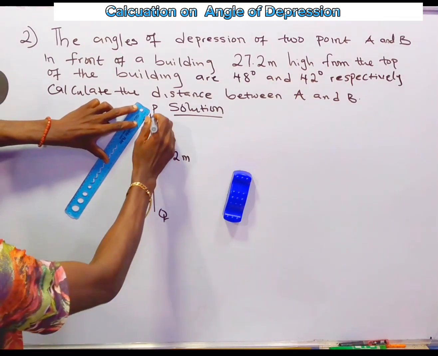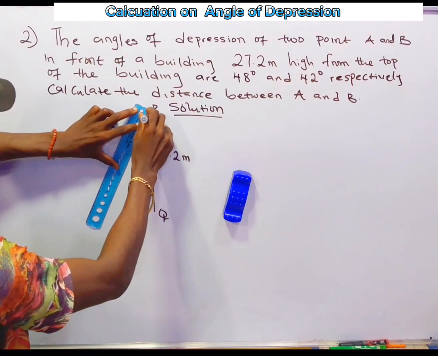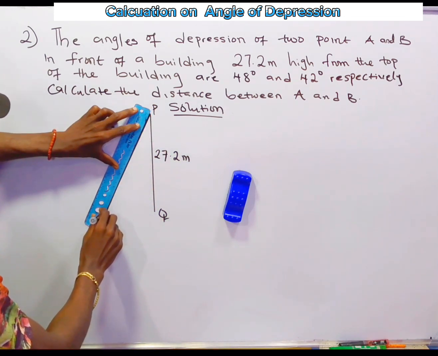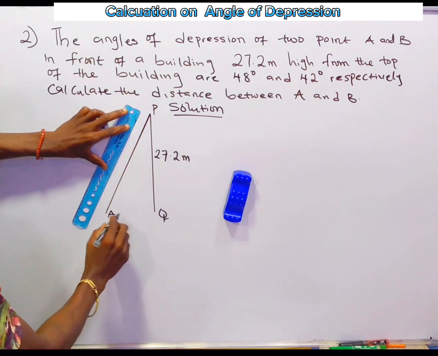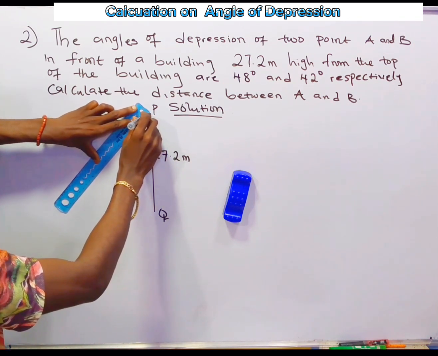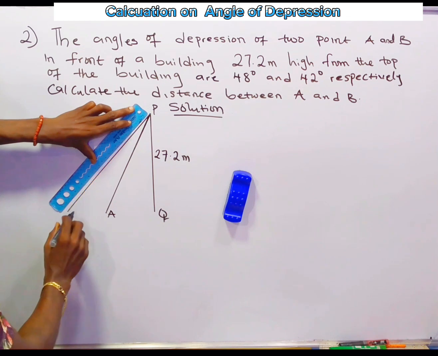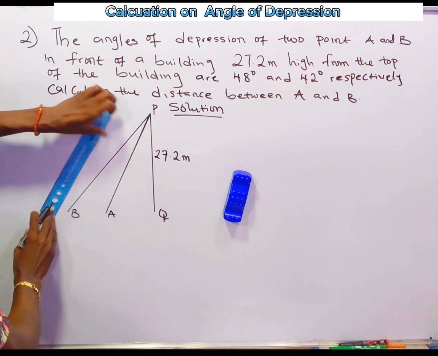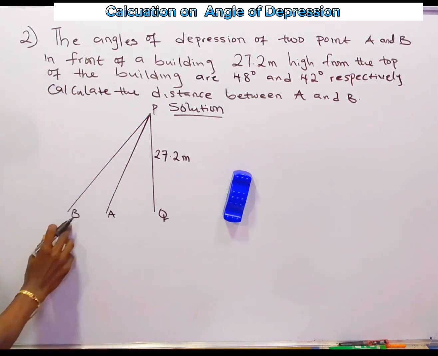So 2 points from the top of the building, let the first point be A and let the second point be B. And you're told that the points A and B are in front of the building.